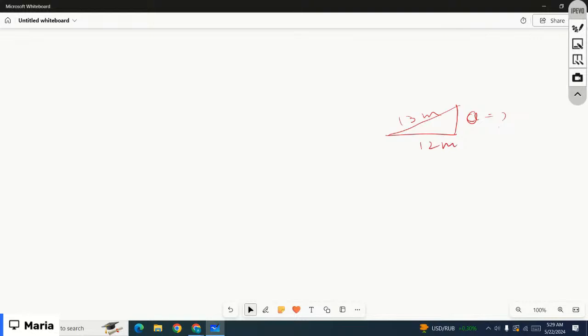So find the missing side first, right? A equals 5.